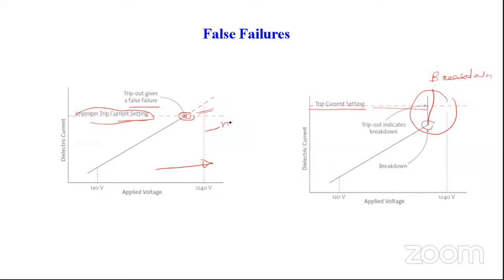So this is the normal case, and this is the abnormal situation, the insulating material breakdown. But if someone sets the trip current in that fashion, a normal situation can be considered as breakdown of the insulation. But if the current setting is proper, we can definitely conclude that if the current flowing through the circuit exceeds the trip current setting, there is a chance of breakdown. Okay.